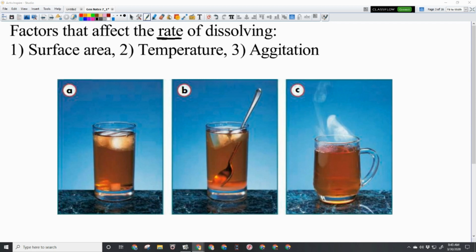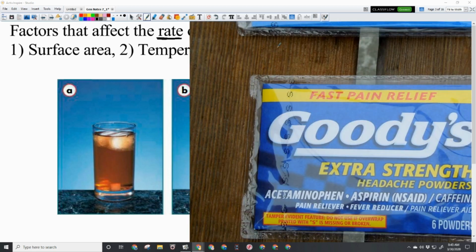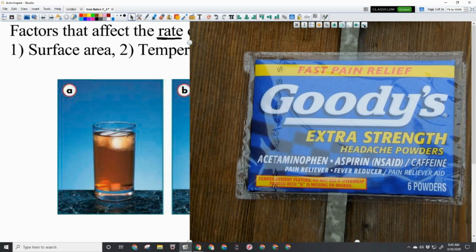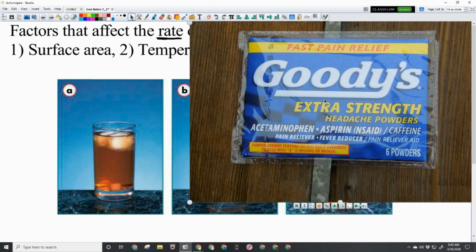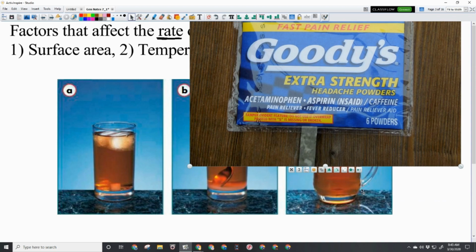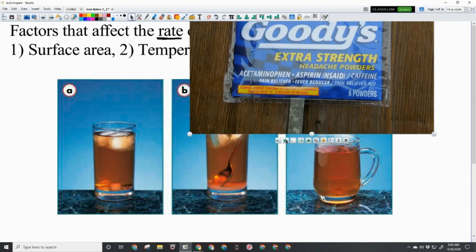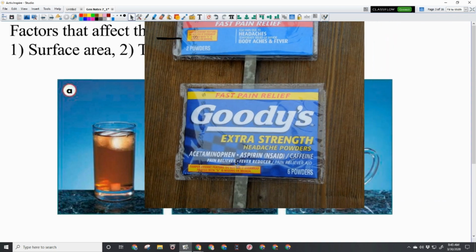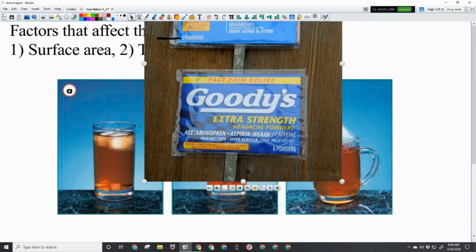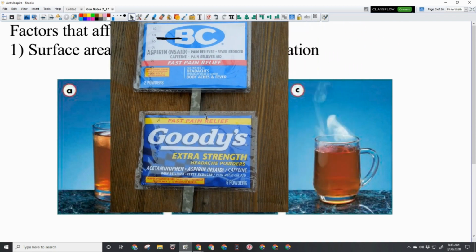I don't know if you can see this. Yikes. Okay, that's really big. And this is just a quick Google search.